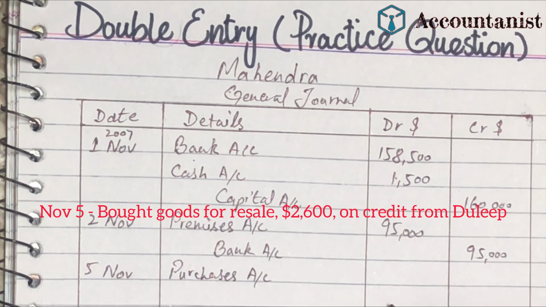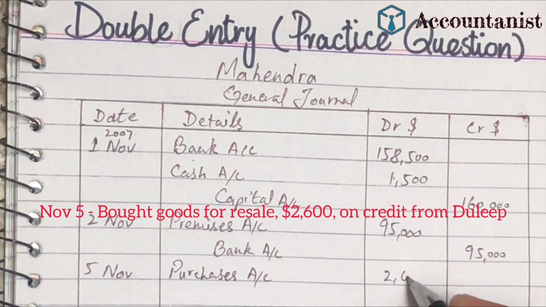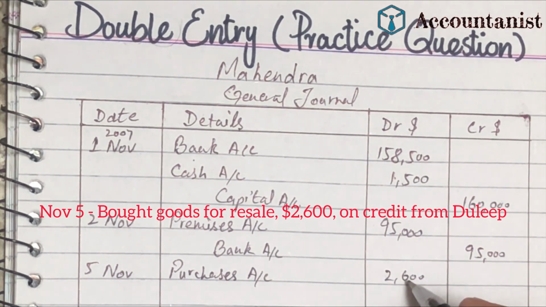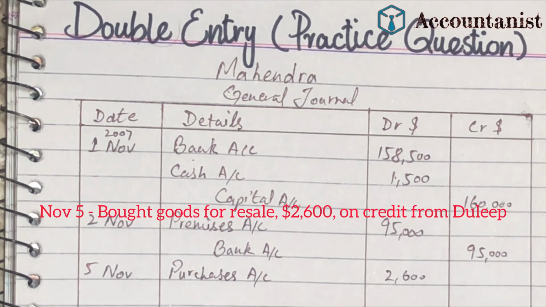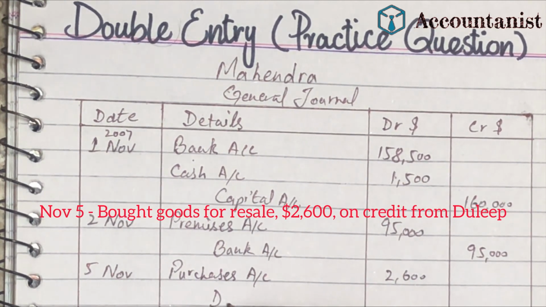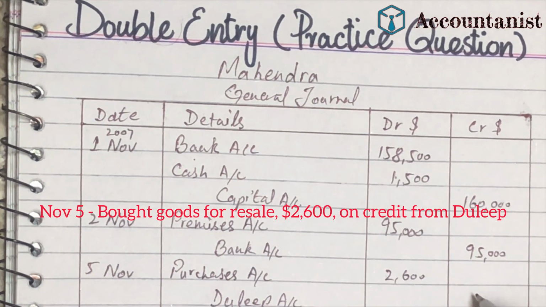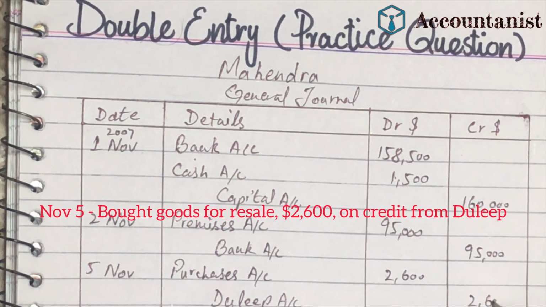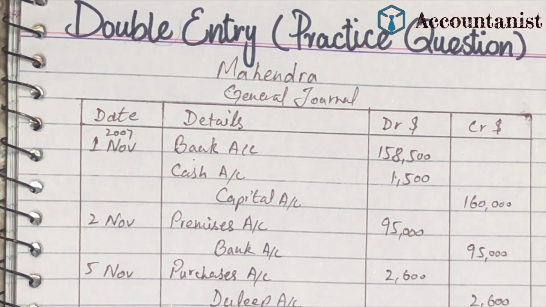So we got goods for $2,600 and we have not paid for these goods, meaning we bought these goods on credit. So we'll write down the name of the person that we are supposed to pay later. So we'll open an account and we'll make his account credit like we have done with the Dulip account.